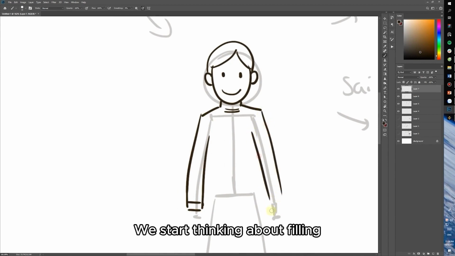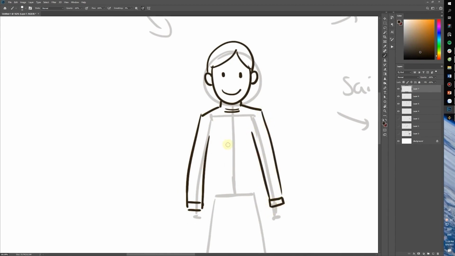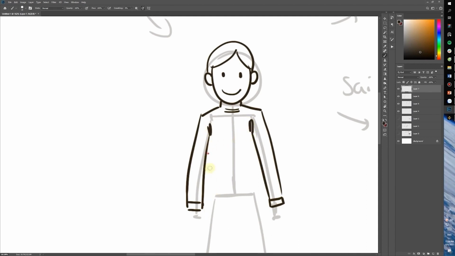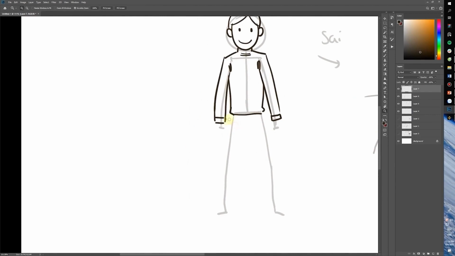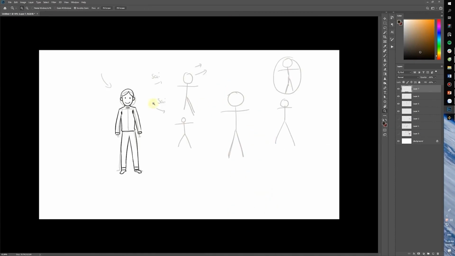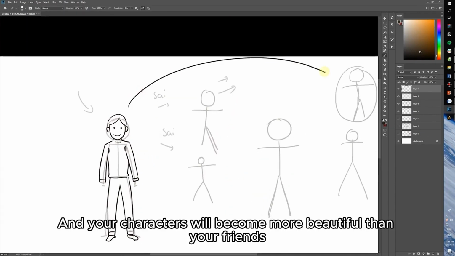We start thinking about filling, so that it doesn't look boring, and your mindset will be improved. And your characters will become more beautiful than your friends'.